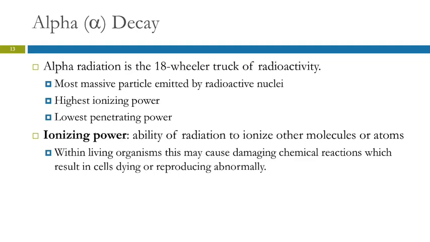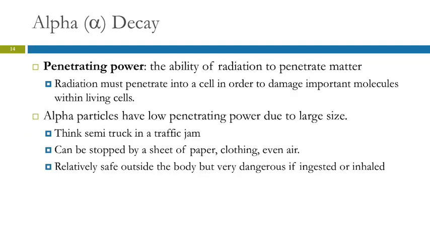So ionizing power in the traffic analogy is like smashing into things, right? So the semi-truck smashes into a brick wall, the brick wall goes to smithereens. Penetrating power is the ability of radiation to penetrate matter, to go through matter.